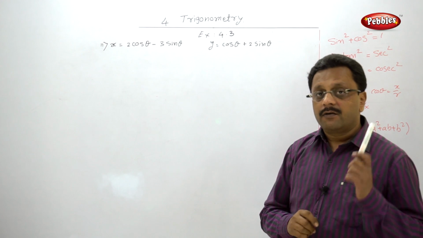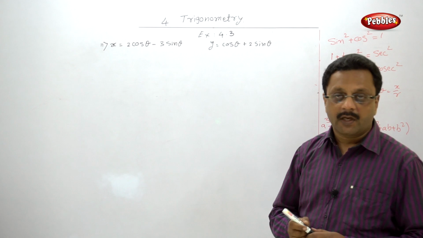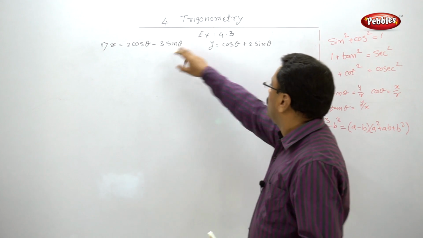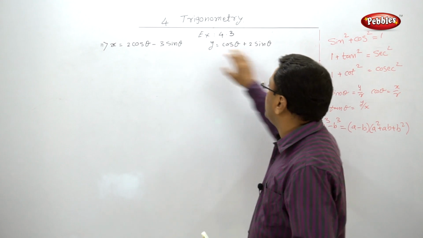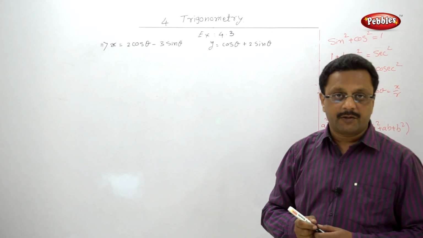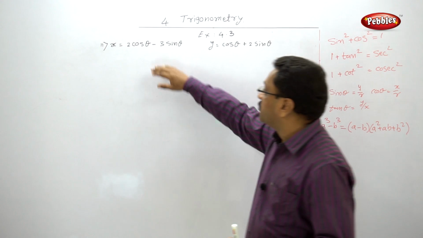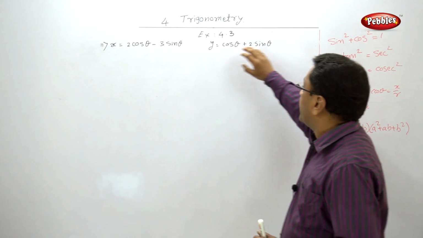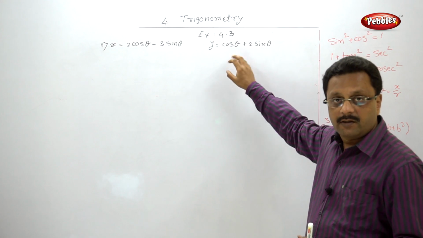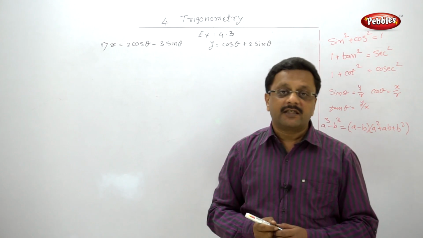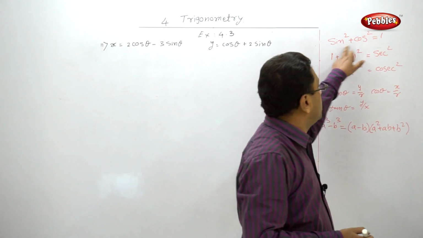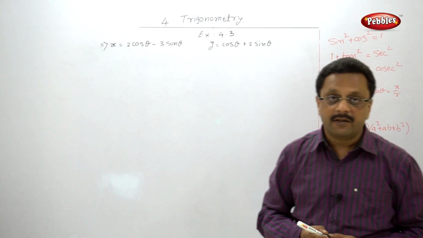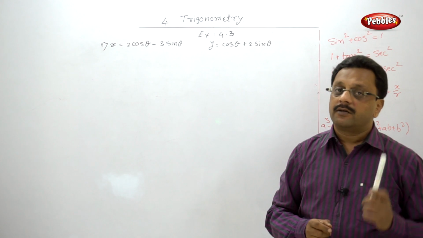So you will get the first equation, and then when you subtract, you will get the second equation. So by first equation you will get sin theta, second equation you will get cos theta, and then sin square theta plus cos square theta equal to 1. By using that identity we can eliminate theta.